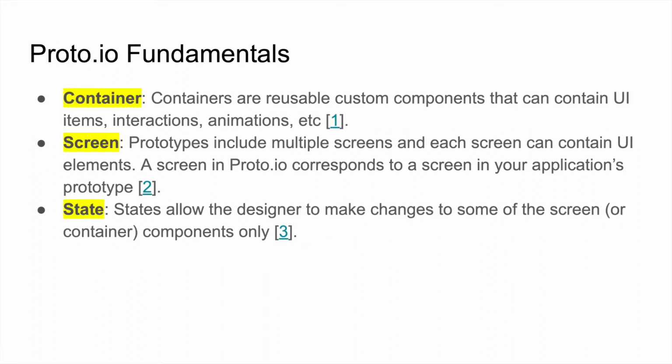So Proto.io uses three different concepts, which we call containers, screens, and states. A container is usually some reusable component that can contain different elements in the UI. And then you have the screens, which are the different screens in your application's prototype, so a particular part of the application.